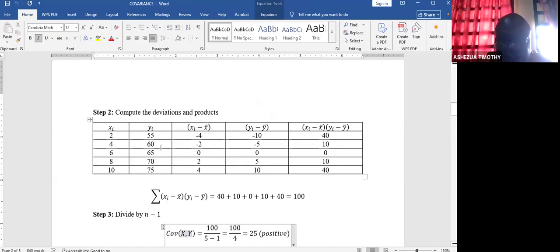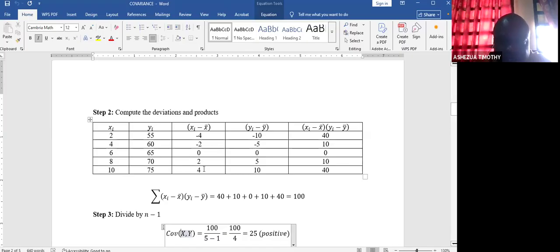Of course, 4 minus 6 gives you minus 2, and 60 minus 65 is minus 5. So minus 2 times minus 5 gives us 10. That's what you're going to do all through to this point.